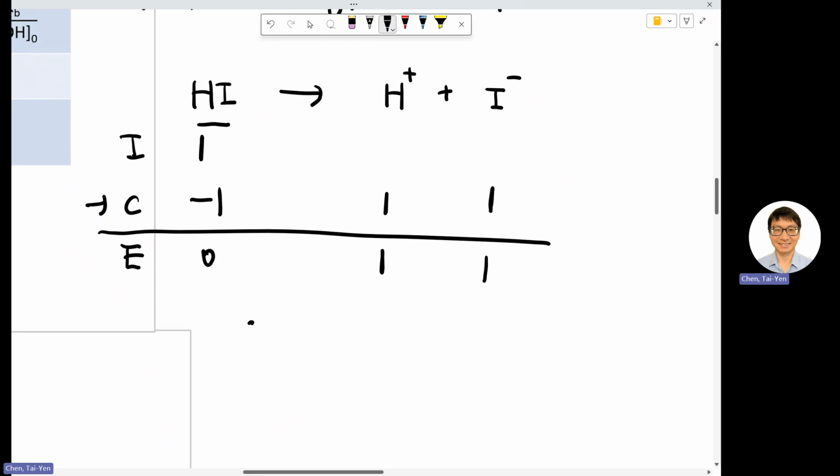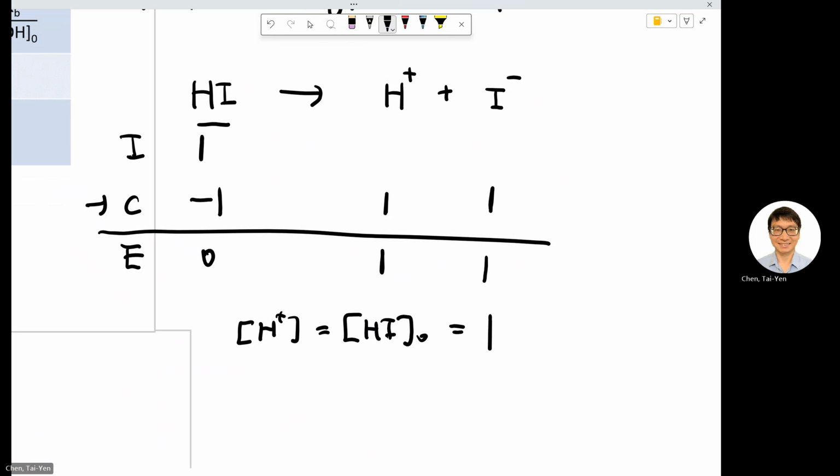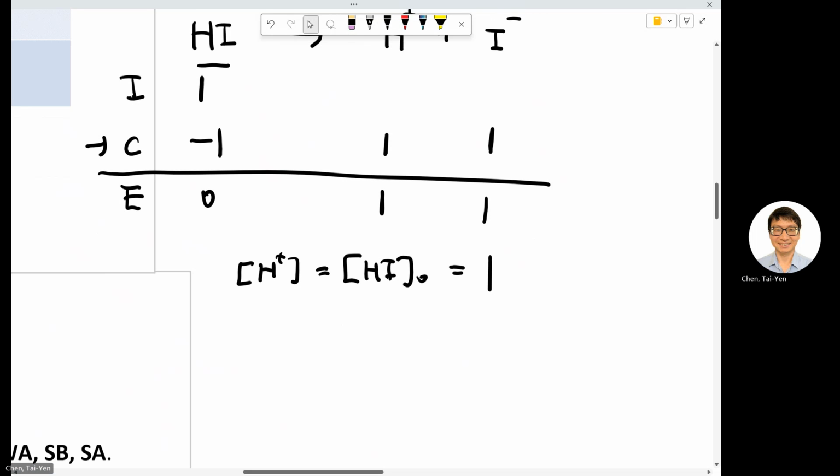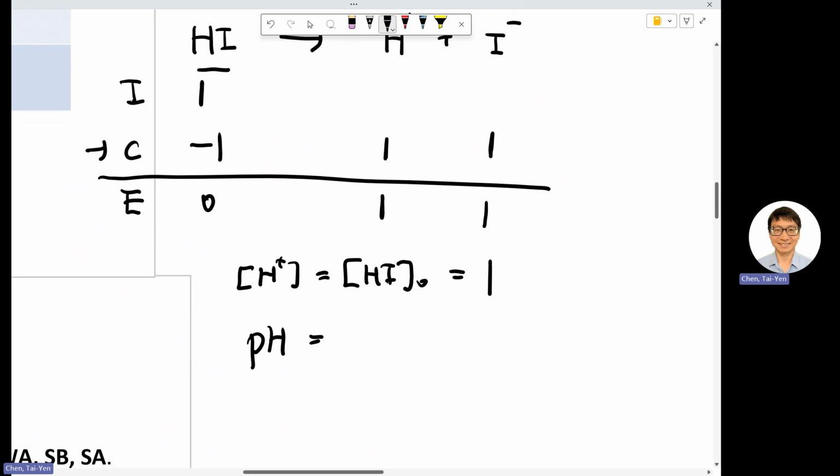From this simple analysis, you know the proton concentration at equilibrium is going to equal your original strong acid concentration, which is 1 M, right? So how do you calculate the pH of this solution? Since the pH is defined as negative log, it's log with a base of 10. What do we get here?